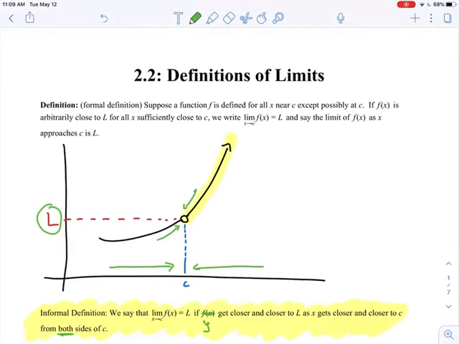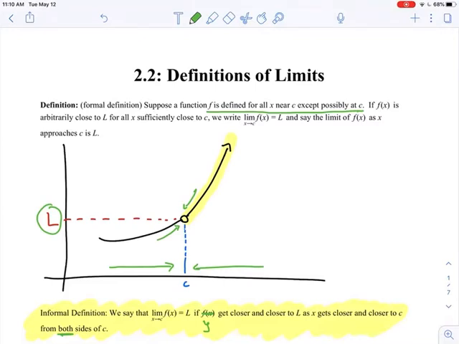One thing I will make sure to draw special attention to, I'll point to this formal definition here. It says f is defined for all x near c except possibly at c. So this is one of the more confusing aspects of limits: your function does not actually even need to exist at this particular x value in order for the limit to exist.